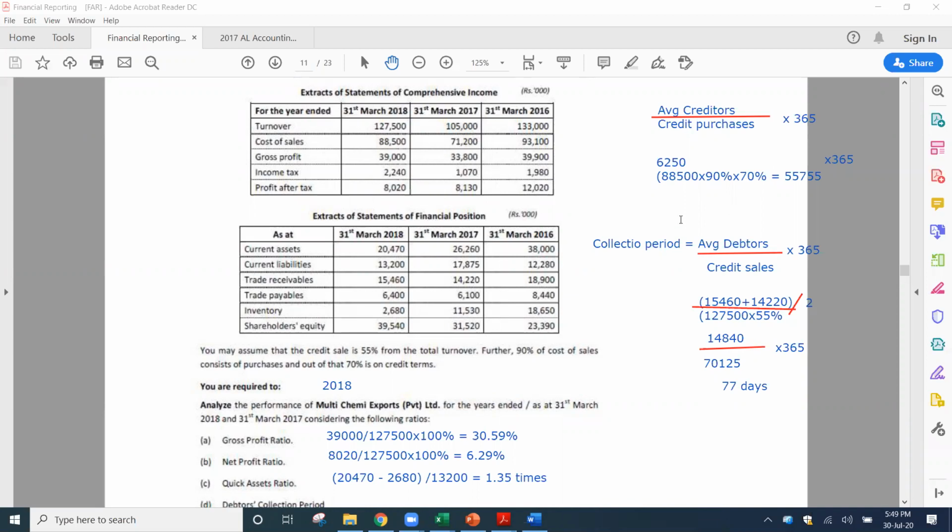So the answer is 6,250 divided by 55,755 into 365, 40.9 days. Right. So that's how you do the calculation of ratio analysis.